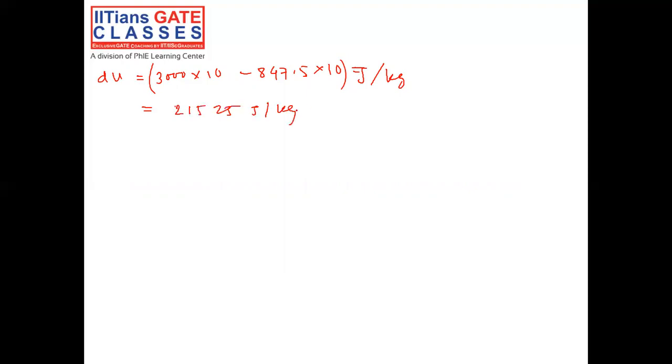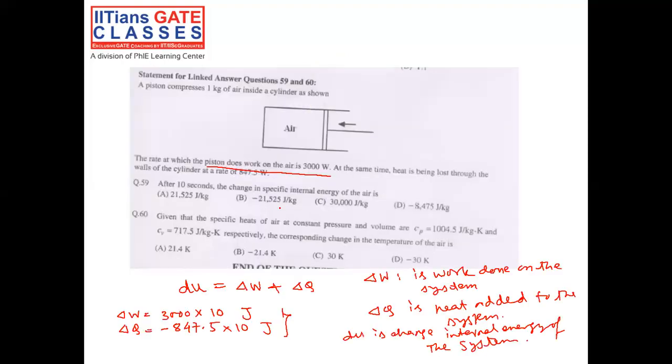So dU will be equal to 3000 into 10 minus 847.5 multiplied by 10, in joule per kg. So option A is the correct answer.